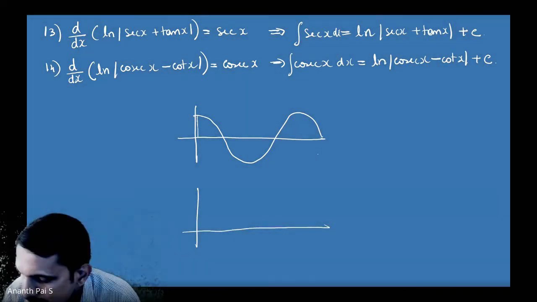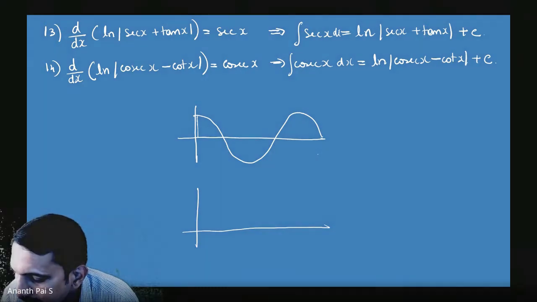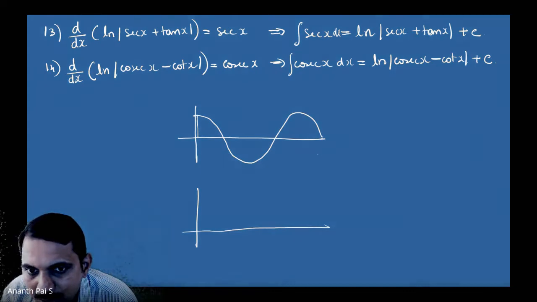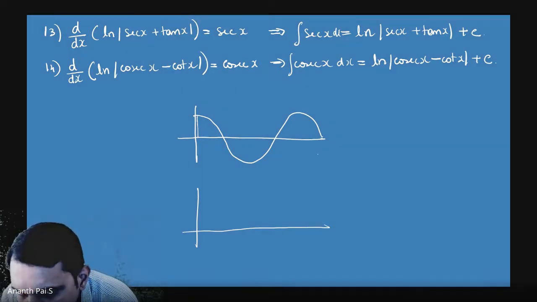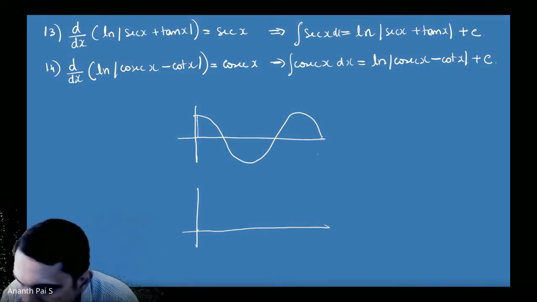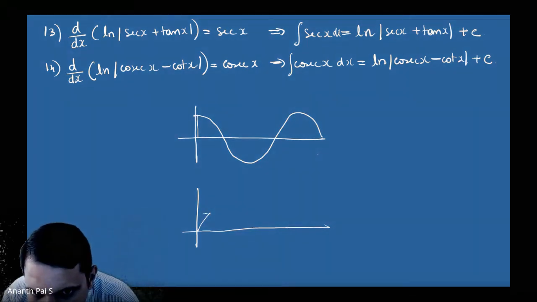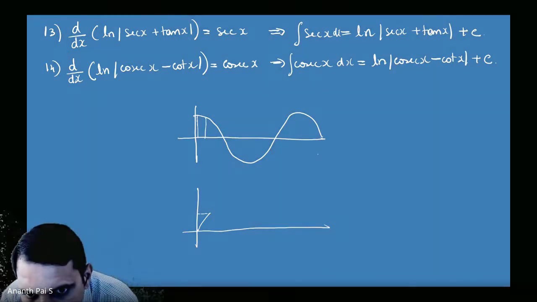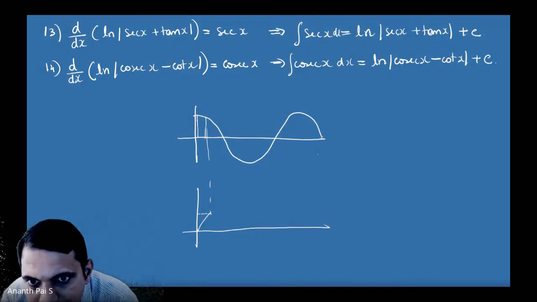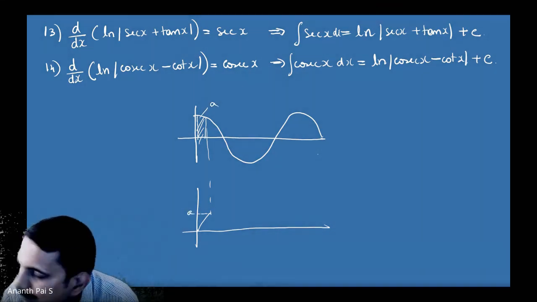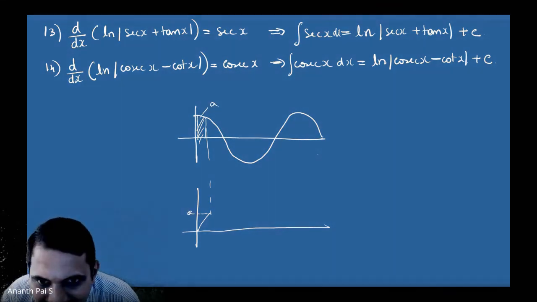So if you understand the integration of cos x, starting, the very small area is 0 and it grows. This is the value of the area of this much. This area is this value, and then it goes here.